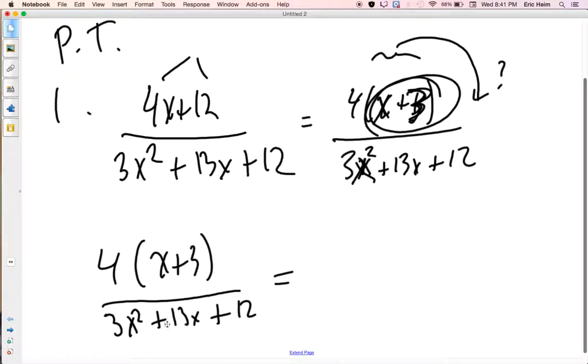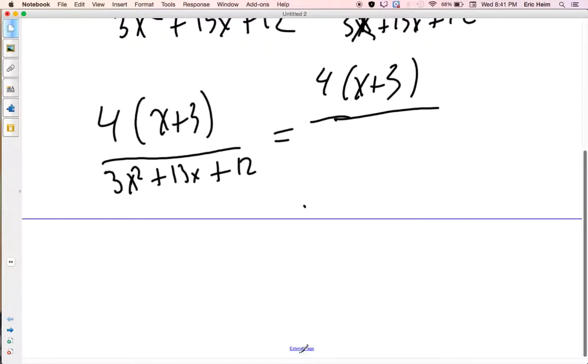It's not obvious at all, but I do see that there is a factor 3 here, and there's a 12, numbers multiplying. Basically we're trying to create a FOIL situation. First, outer, inner, last.